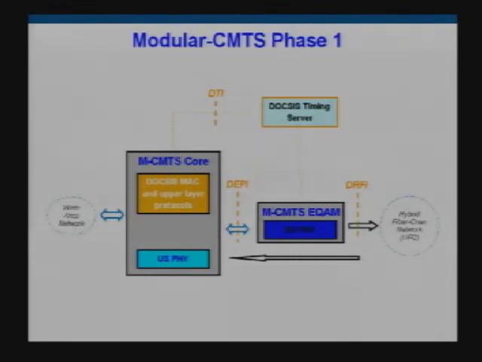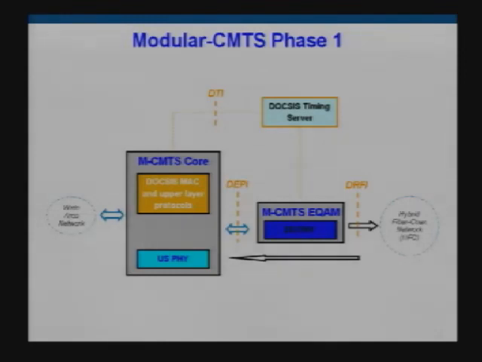And one more logical component which you see here is a DOCSIS timing server. Some of you who are already familiar with DOCSIS know that the timing requirements in a DOCSIS network are quite stringent, because in the upstream direction the transmission is controlled by the CMTS, and cable modems and the CMTS need to have strict timing alignment. There is something called a ranging process which is used to acquire that.